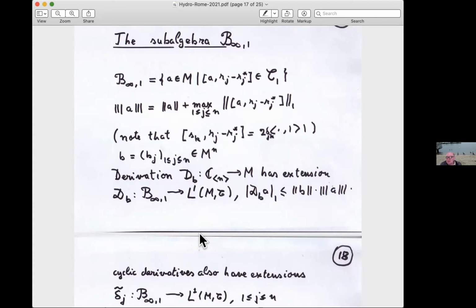The beginning of the story is the work of Peller on Hankel operators, and these spaces are connected to Besov spaces, therefore Hankel operators. What I've denoted here by B infinity comma 1 is a kind of non-commutative relative of Besov spaces. And it has this natural norm.